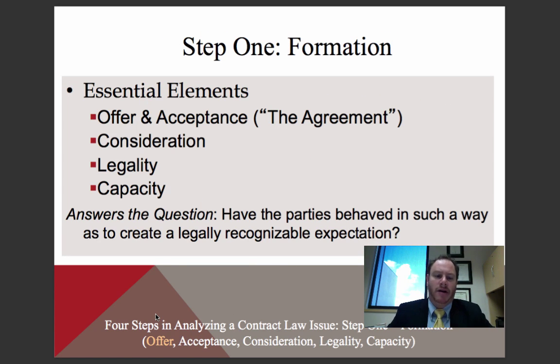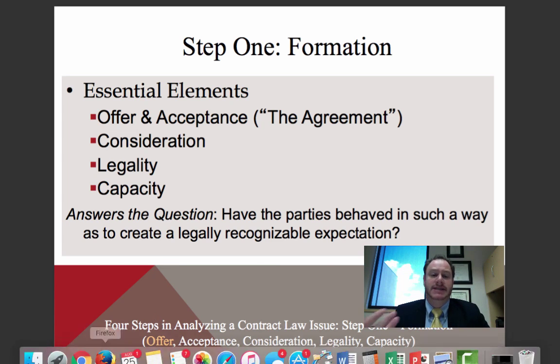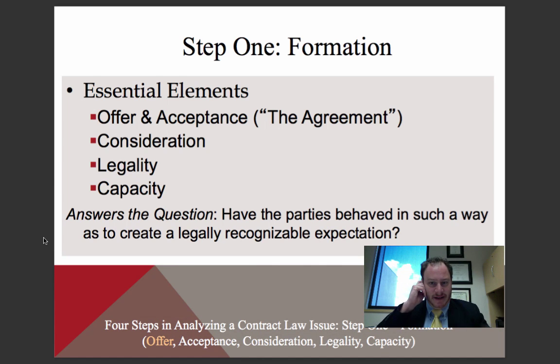So in the realm of contract formation, the essential elements of a contract are offer and acceptance, which is the basis of the agreement, and then consideration, and then legality and capacity. And we'll talk about each of those.